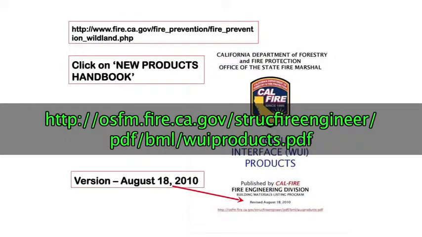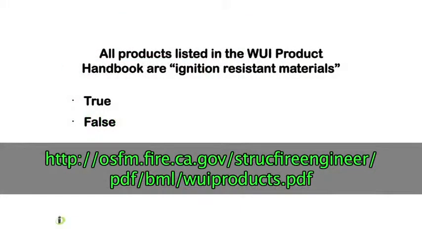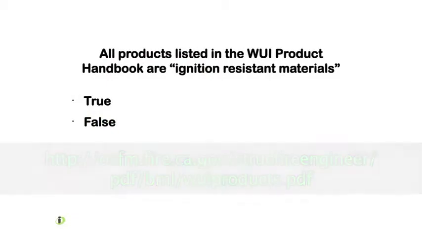So here's another question. All products listed in the Wildland Urban Interface Product Handbook are ignition-resistant materials. True or false? Actually, things in here are not all ignition-resistant. Certain things are, certain things aren't.